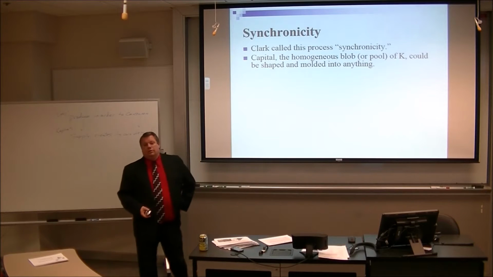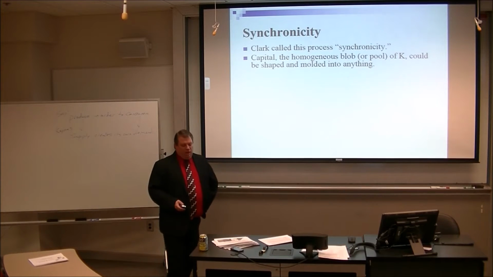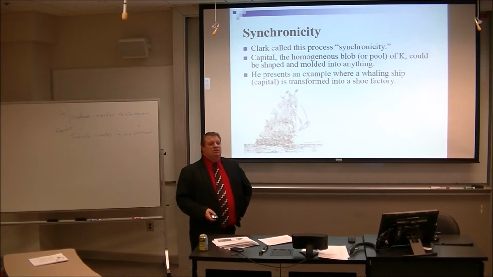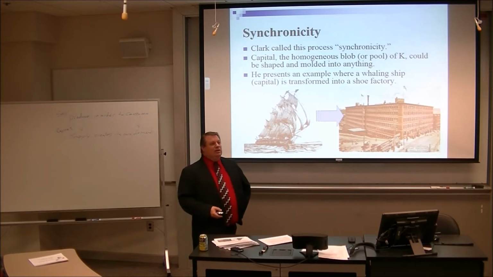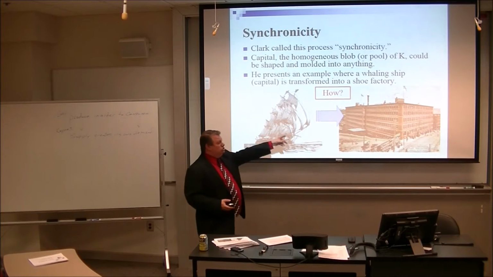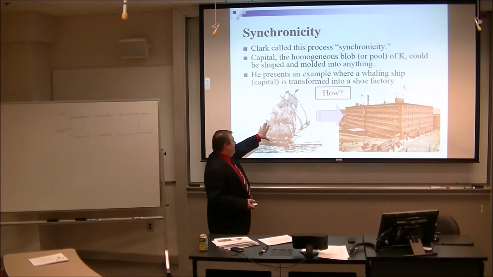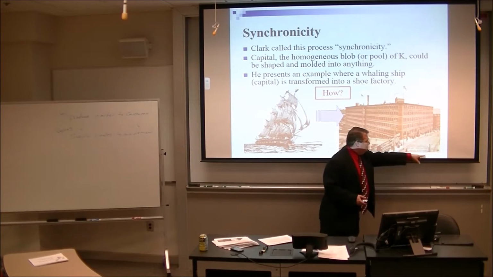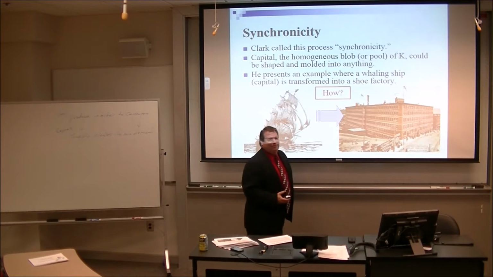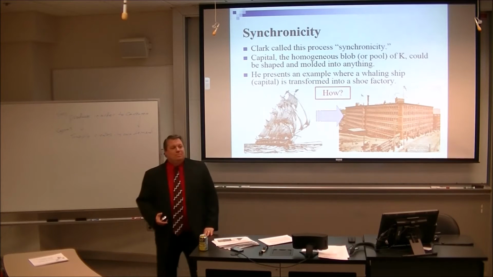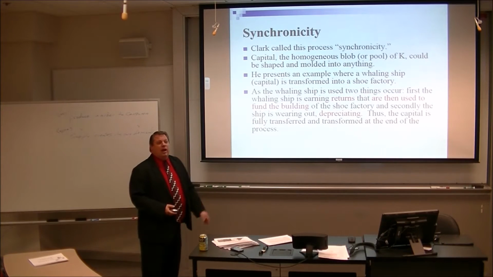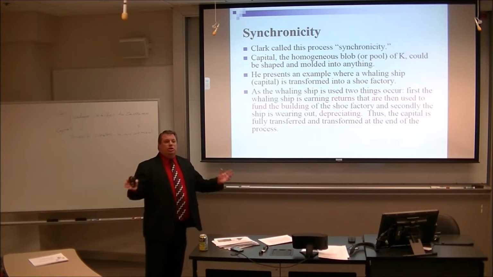Capital, either as a homogeneous blob or pool of K, could be shaped or molded into anything. In fact, he presents an example where you take a whaling ship and you transform it into a shoe factory. Here's a whaling ship. Here's a shoe factory, even like a Jamaica Plain, Massachusetts shoe factory right there. Okay, so how does that happen? Well, as the whaling ship is used, two things occur.